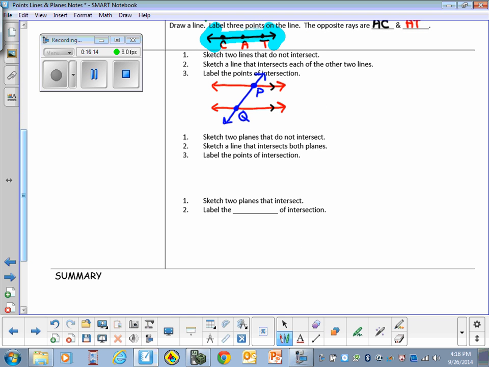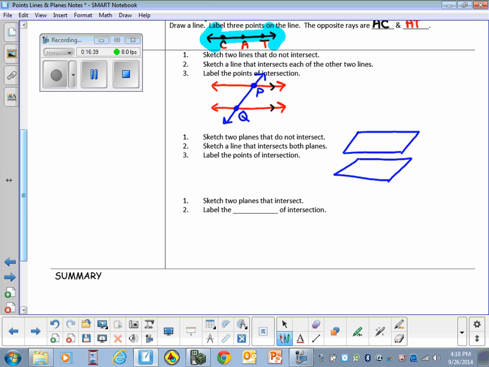Sketch 2 planes that do not intersect. Well, planes that don't intersect have to be parallel. Much harder to draw. And so what we do is we sketch our parallelogram, and then we do another one underneath it, but not touching. And so you imagine holding a piece of paper, maybe separate them by 6 inches.